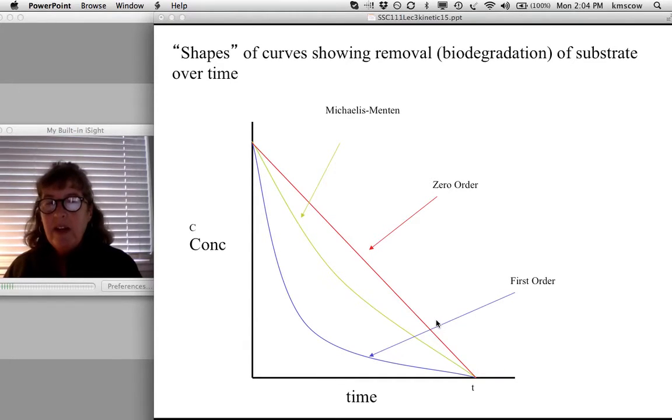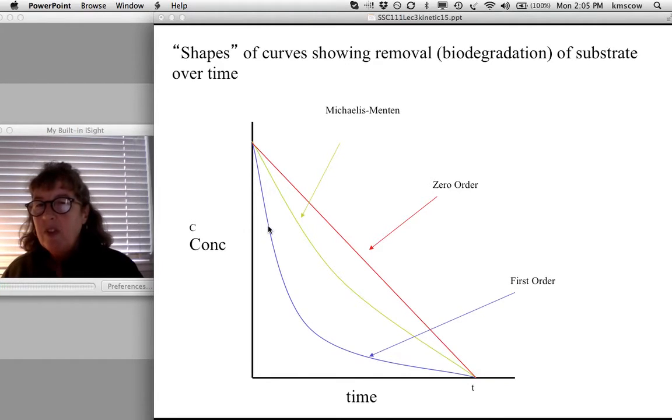Remember, we showed that already when we looked at the derivation of the equation. It's the same rate over time, just a straight line, whereas the first order has this concave up shape that starts out with the maximum rate, and you can take a tangent to the line to get that rate, if you were going to use geometry type approaches.